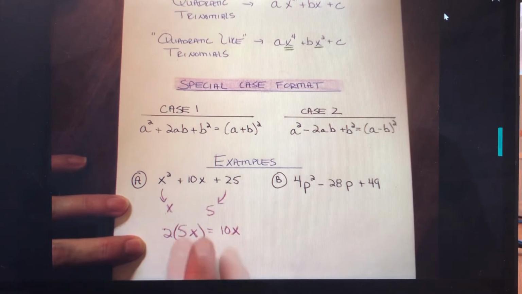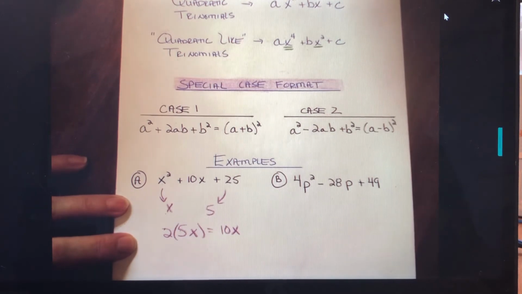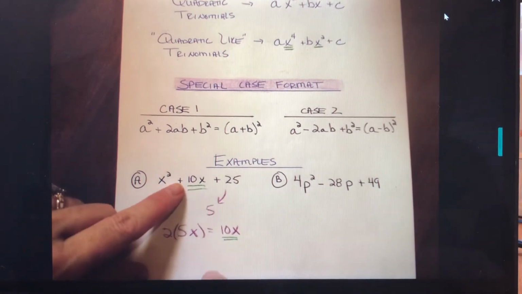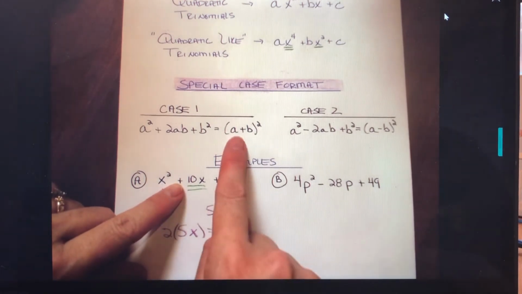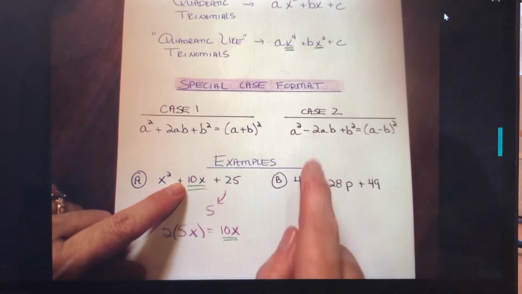If that term is what is sitting here, then it is indeed a perfect square trinomial, and we can use the formula to do the factorization. Again, if there is a positive sign here, like there is, we'll use this formula. If there's a negative sign there, then we would use the other formula.